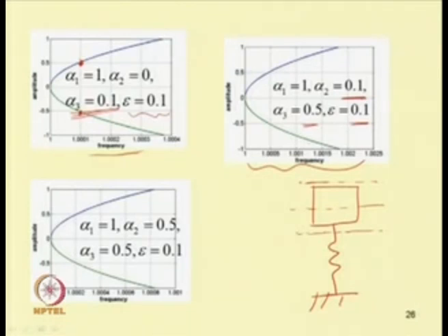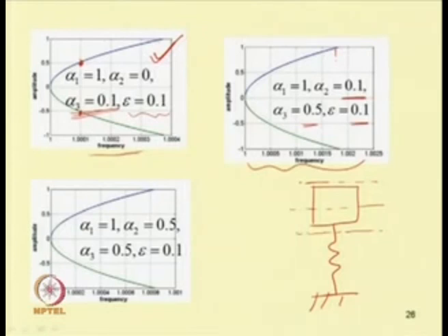In comparison to this case, one can have a higher amplitude here. So, for the same amplitude 1, the frequency is decreased.